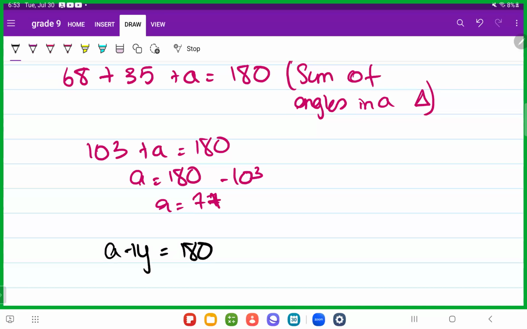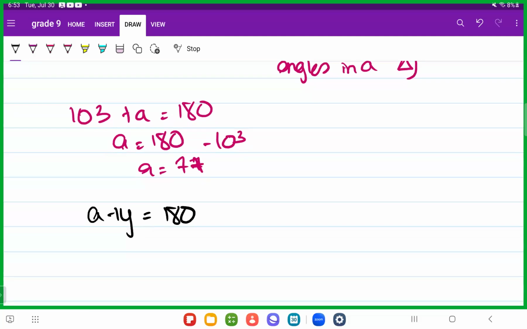Once you found out 77, you will write down A plus Y is equal to 180. Where is the working for Y? 180 minus 77, because it's angles on a straight line. But where have you done this working? It's the third row. See, there is no clarification of where the working is for what.